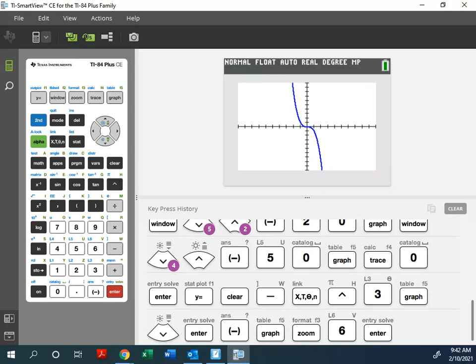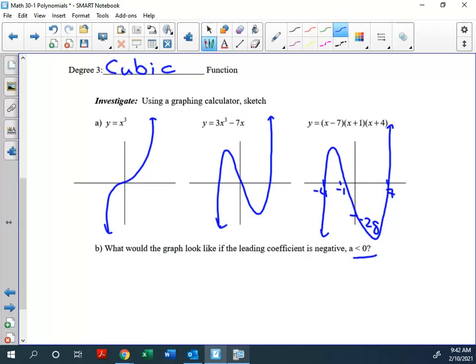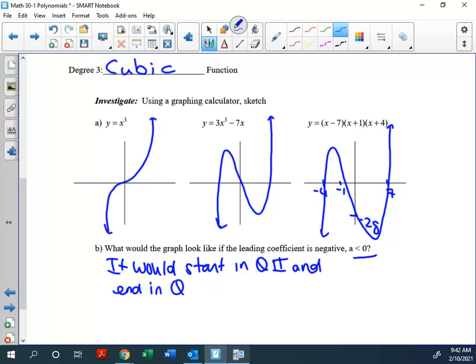So what we learned about lines, about positive slope and negative slope, actually works. So it would start in quadrant 2 and end in quadrant 4. So the example we used was this one.